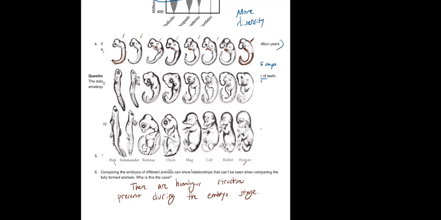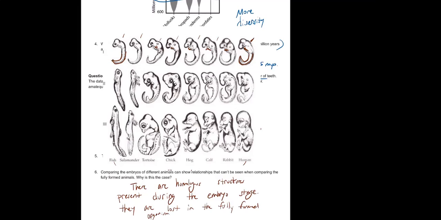These homologous structures are gone when they're fully formed. They're lost in the fully formed organism.